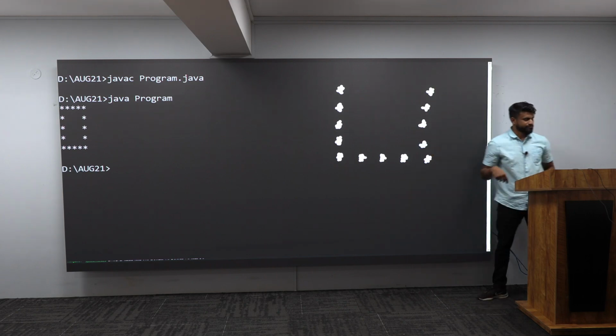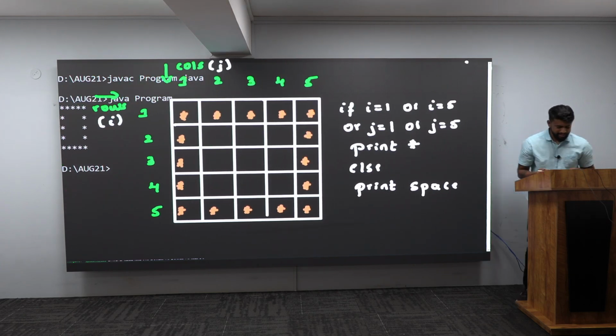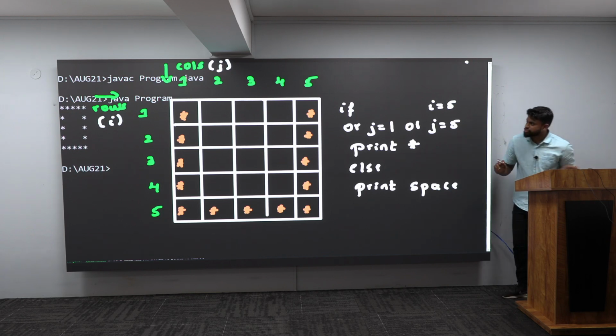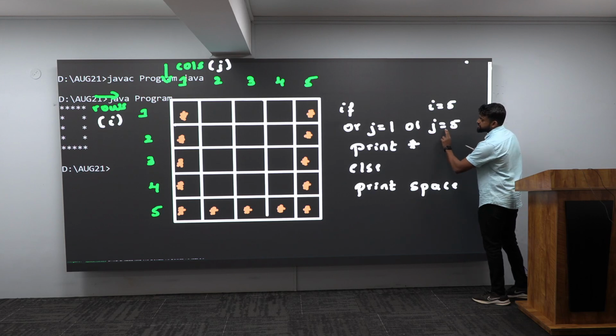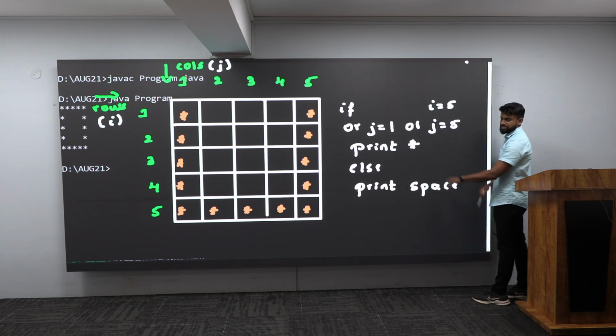That's it. If I show it to you, this is how it is. If you notice, all of these are gone now. It means you should say: whenever i is 5, or j is 1, or j is 5, print star. Else print space. As simple as that.